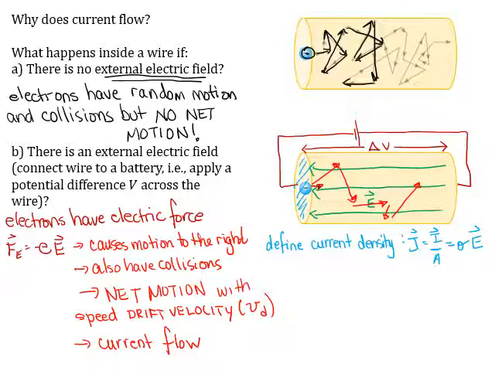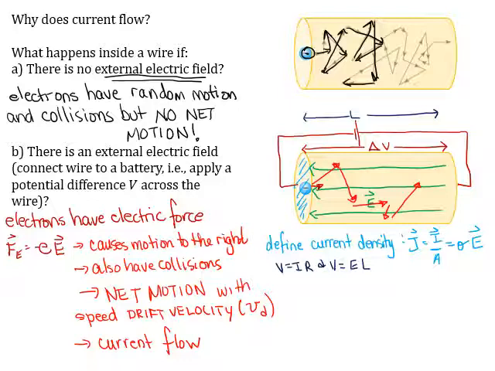We know from Ohm's law, V equals IR, where R is the resistance, I is the current, and V is the potential. And we also know that potential is the electric field times the distance. And the distance means the distance of the wire. Why don't we just call that L? So there's two expressions for potential. They have to be equal to each other.